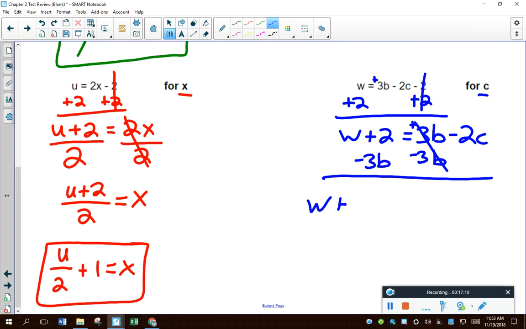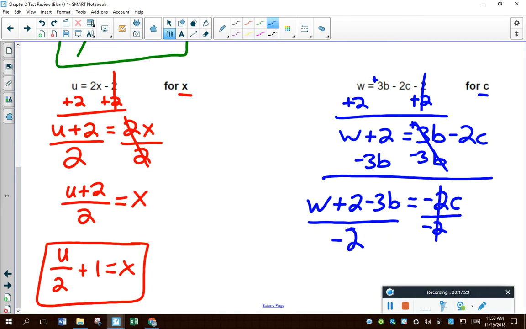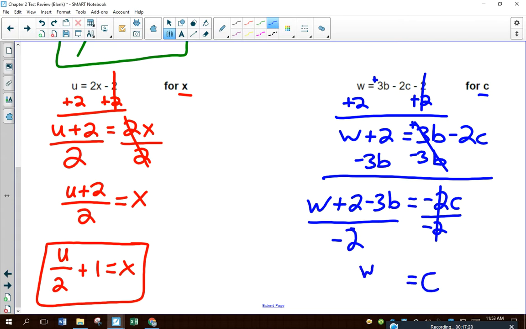So this is w plus 2 minus 3b is now equal to negative 2c. I'm going to divide both sides by negative 2. And we're left with c equals w plus 2 minus 3b all over negative 2.